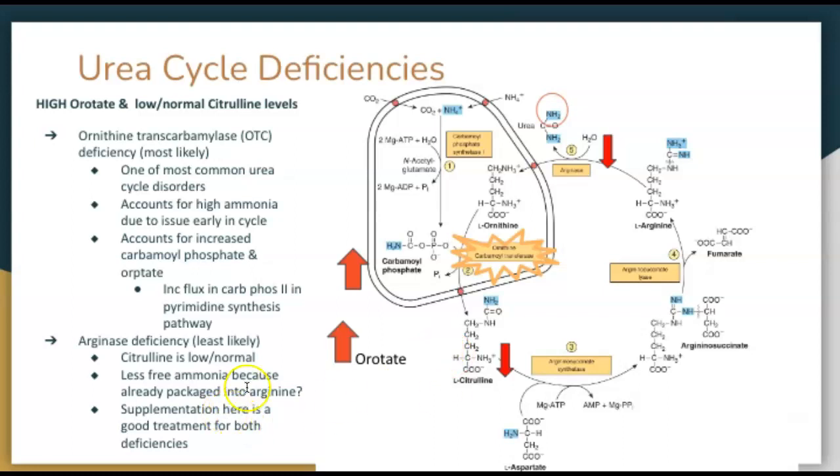But it's interesting because research shows that for both the OTC deficiency and the arginase deficiency, supplementation of arginine is actually one of the ways that we could help the urea cycle function better.